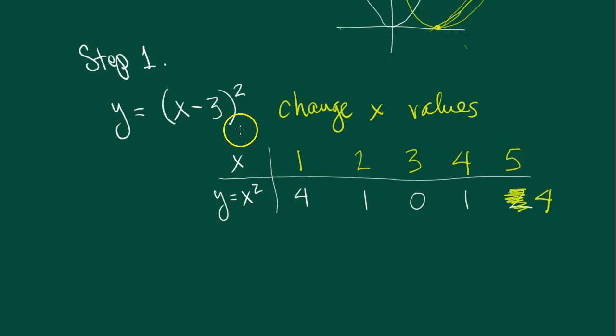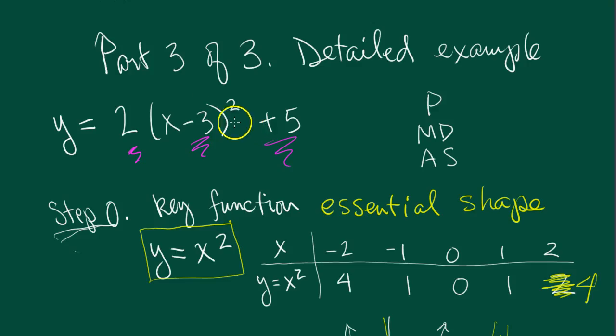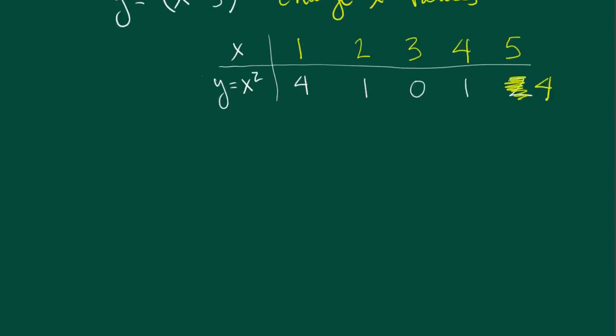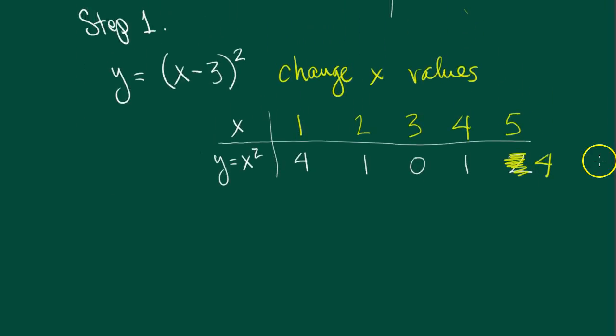Okay. So, the next thing, moving from the inside out away from the x, is, well, I have a choice, the multiply by 2 or the add 5, but remember, multiplication comes before addition. So I'm going to do the multiply by 2 first. Okay, so that will be step 2.